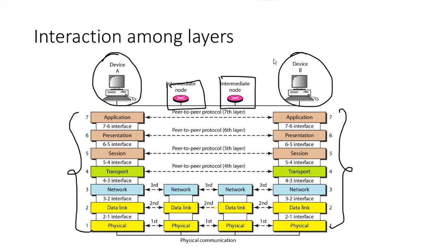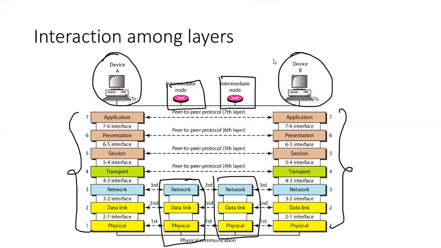It may be a router, a switch, or a hub. They are not generating data on their own; they are simply helping in forwarding the data from device A to device B. These intermediate nodes have only 3 layers: physical, data link, and network.